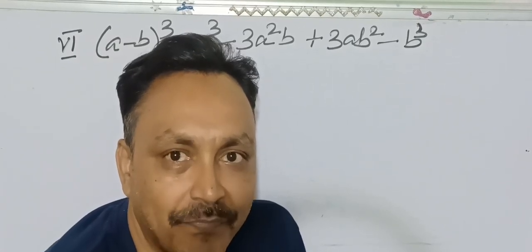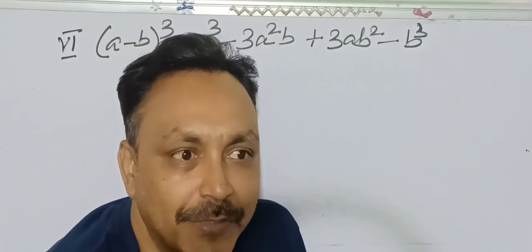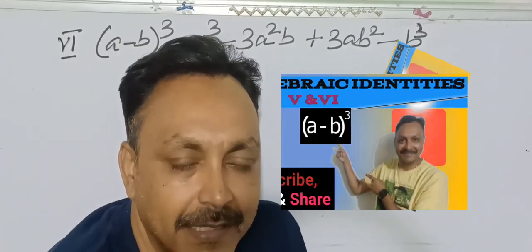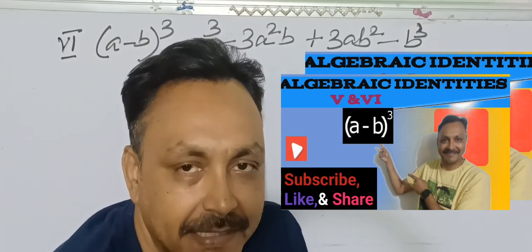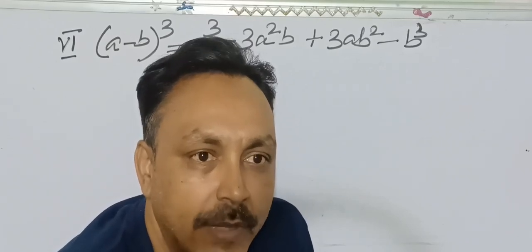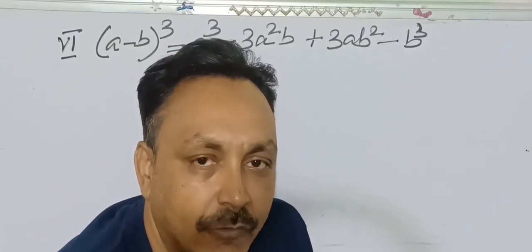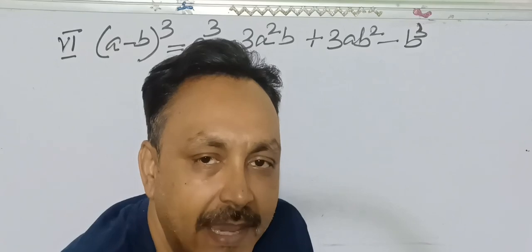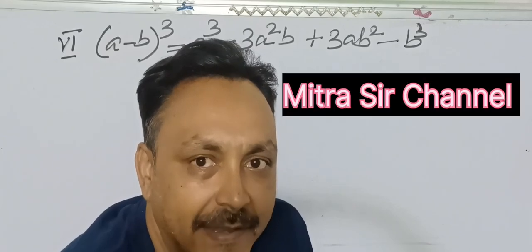Today we are going to derive our sixth identity, that is (a − b)³ is equal to a³ − 3a²b + 3ab² − b³.